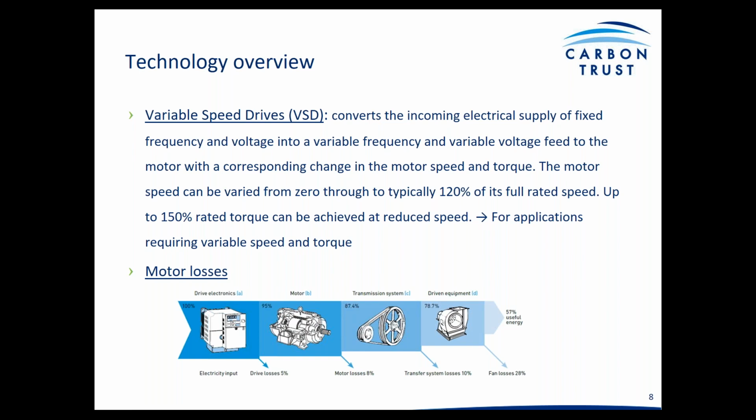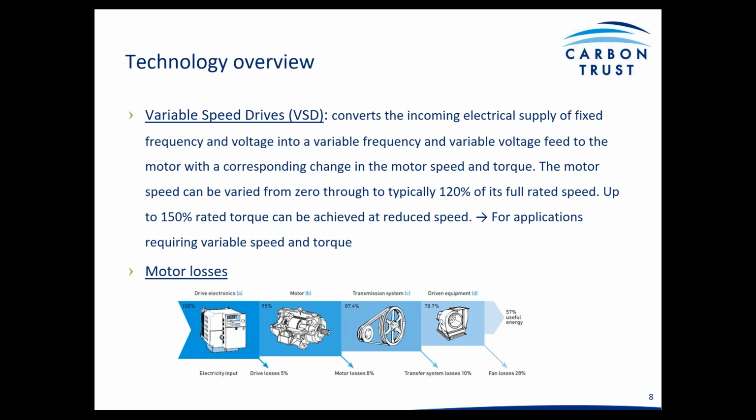Also, before starting on potential energy savings, we need to take into account what the typical motor losses are in a typical device. Like in this slide, we've got a typical fan application where we can see that from the electricity input to the final energy usage, we see different types of losses, like the drive itself, the motor losses, so mechanical losses, and obviously there could be some transfer system losses, and the fan itself comes with losses.